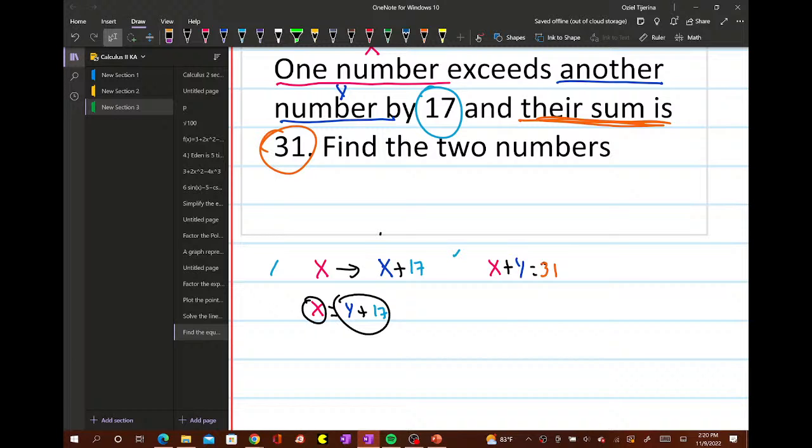And then we know that x is y plus 17. So we know that x is y plus 17.